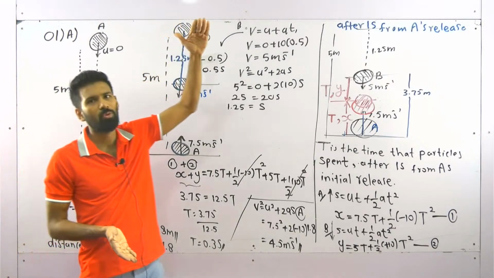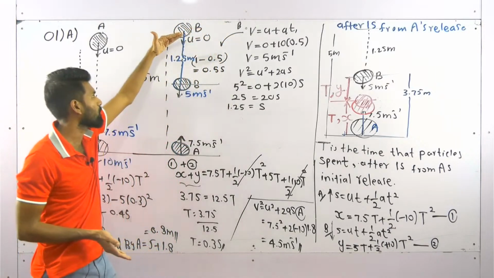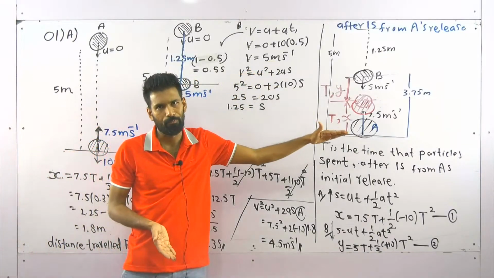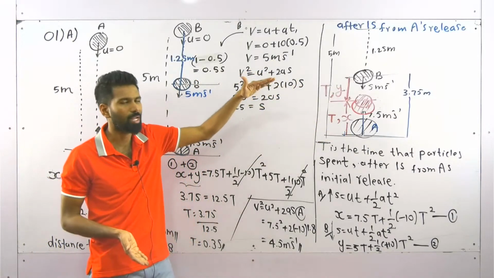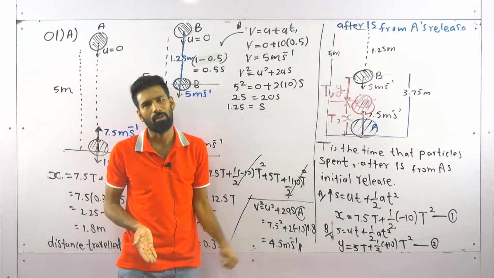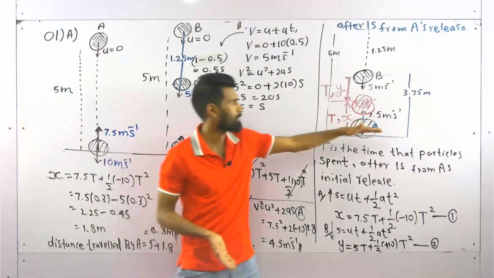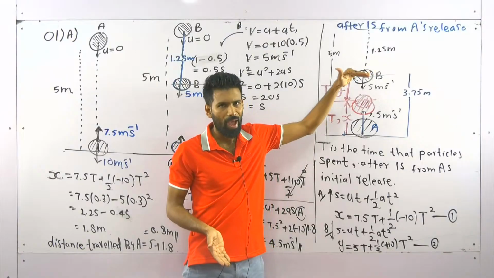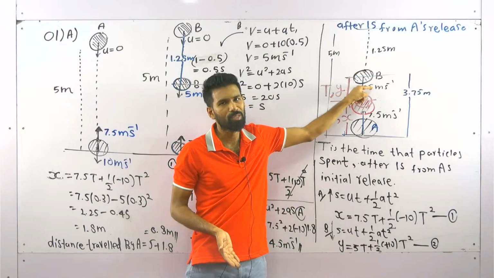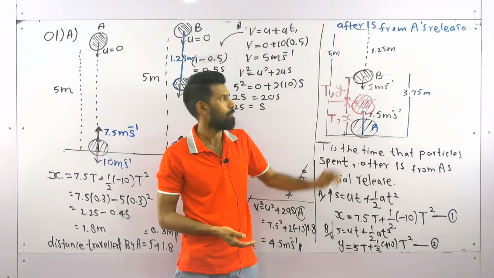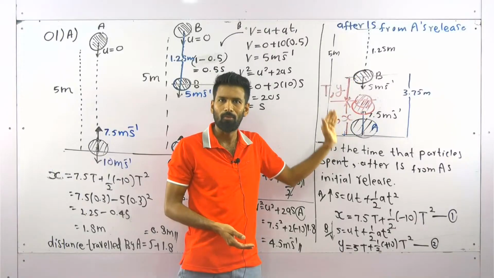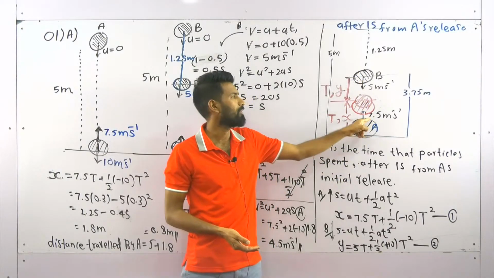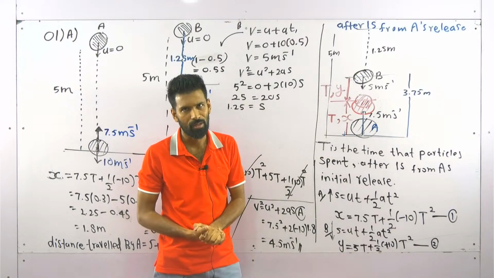As the initial height was 5 meters, B is now at a distance of 3.75 meters from the ground, with a downward velocity of 5 meters per second. Now B will continue its journey while A starts to move up with a velocity of 7.5 meters per second.